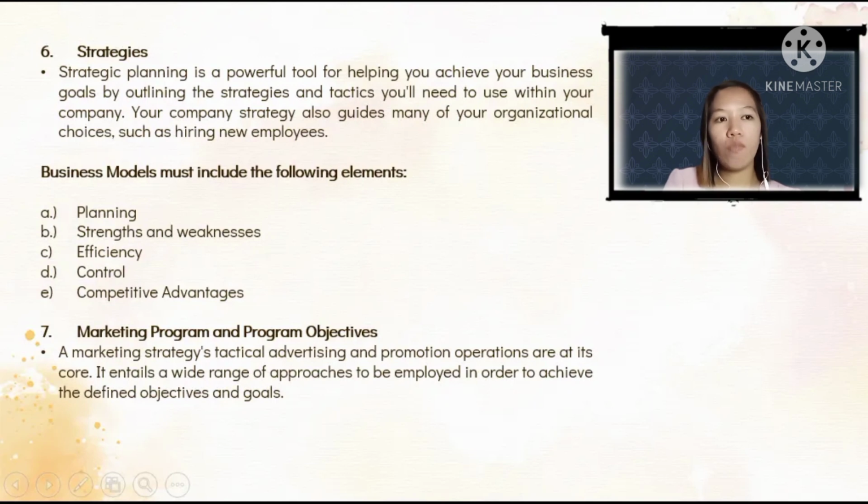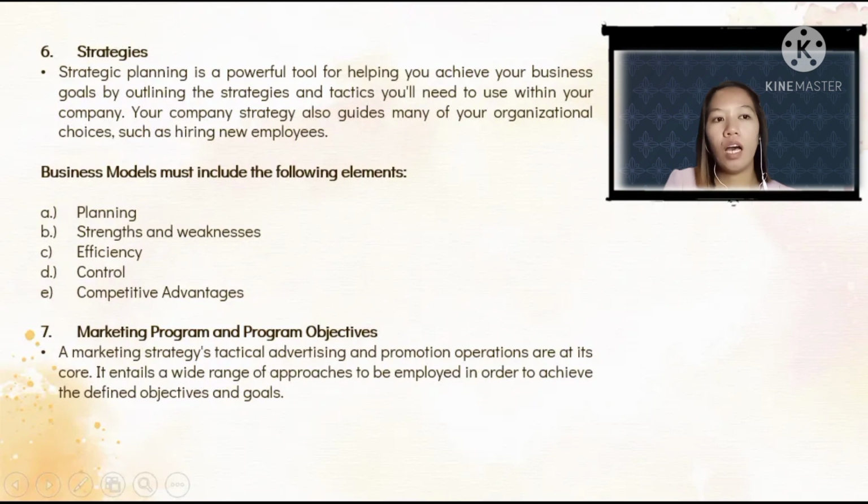B. Strengths and weaknesses. The process of developing a business plan helps you to discover and assess your company's strengths and weaknesses in order to develop a strategy that capitalizes on your strengths while compensating for or eliminating your deficiencies.